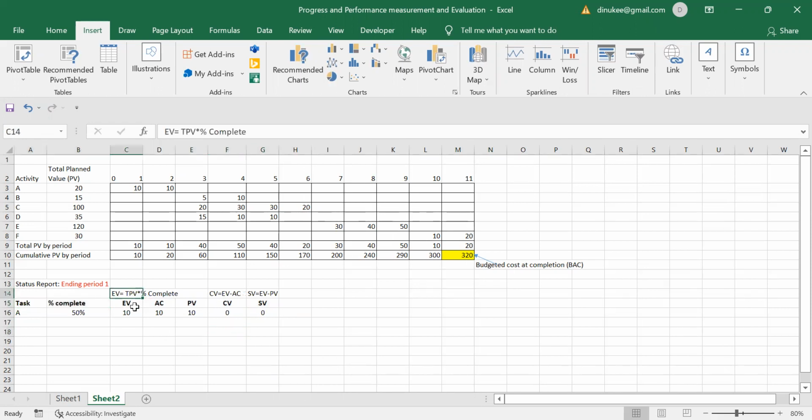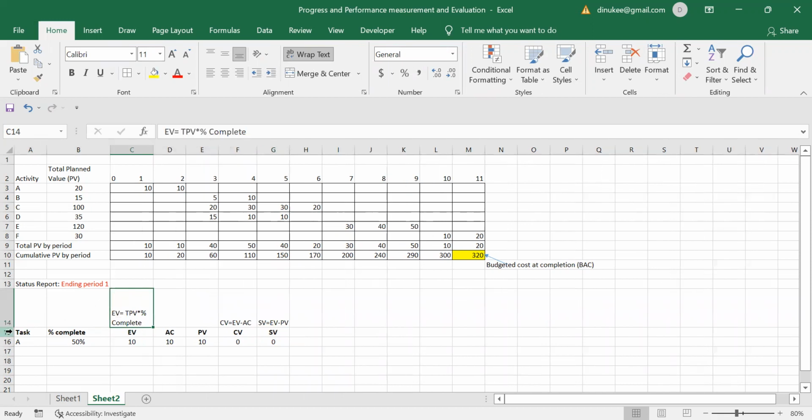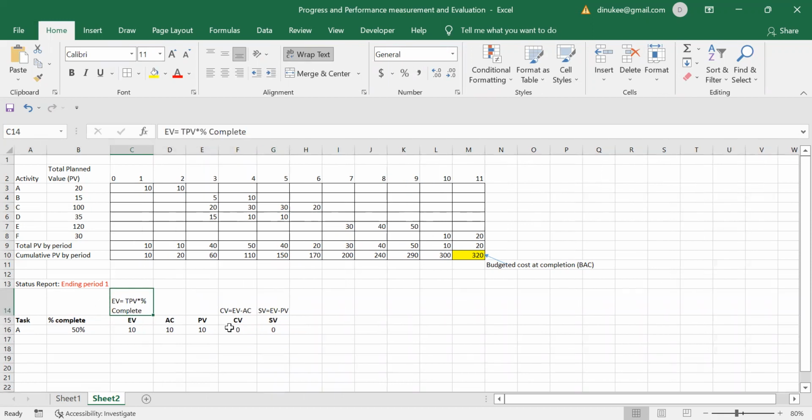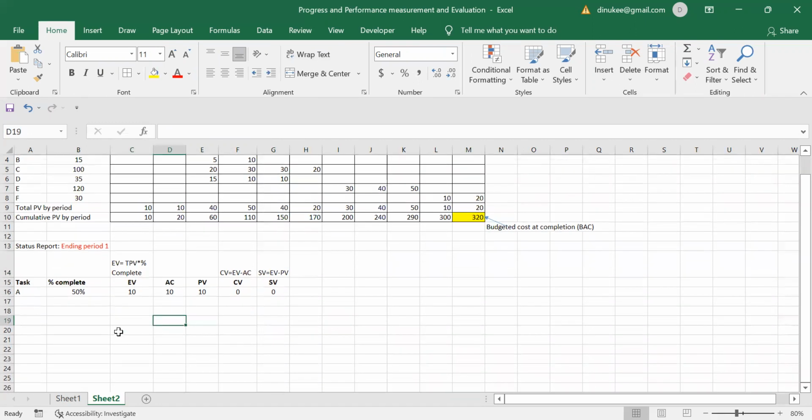So these are the calculations that you have to do. This is for the ending period 1. And then after that you have to get the cumulative as well.